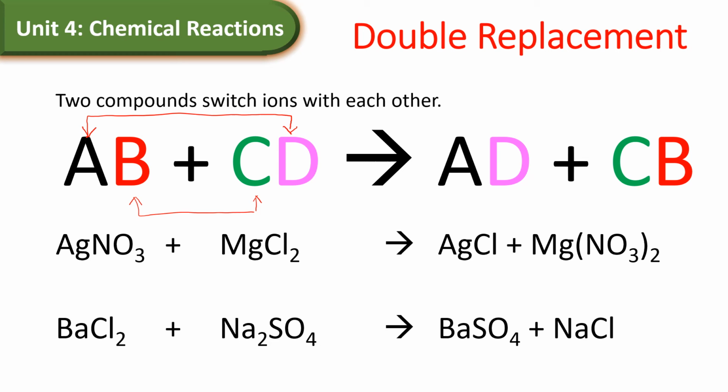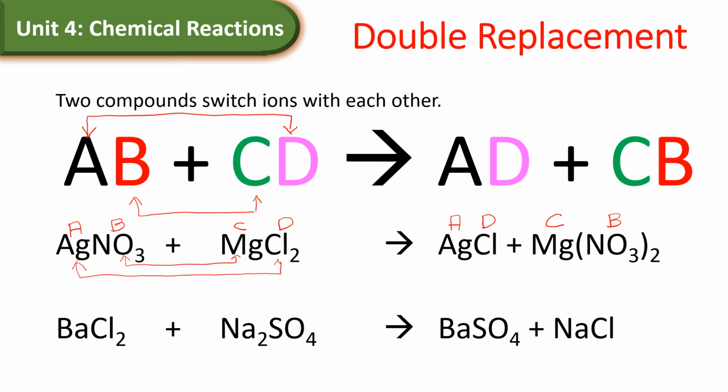This is your A, this is your B, this is your C, and this is your D. Silver here is A combined with D here, magnesium is C, and nitrate is B. See? This one goes with this one, and B goes with letter C.